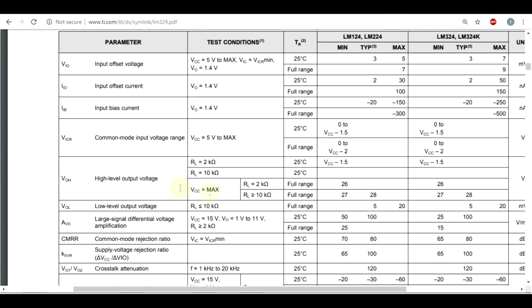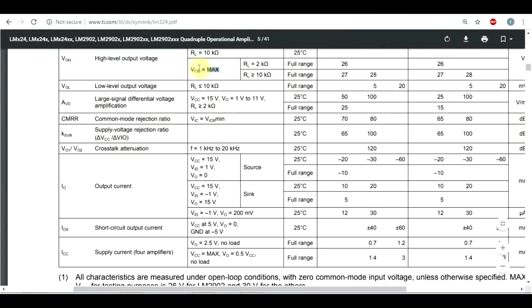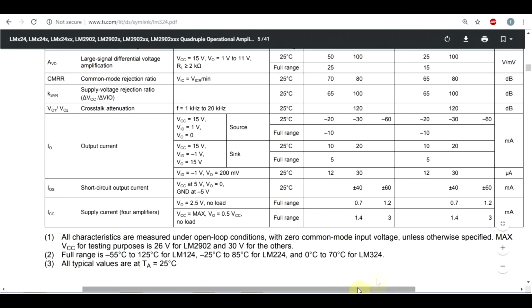So we can see that our high voltage, depending on the load, can be 2 volts away from the supply rail or more than 2 volts. So the minimum for loads of 2 kilo ohms can be 4 volts away from the supply rail. This is in the case of the supply taking a maximum value, which is defined here below as 30 volts.